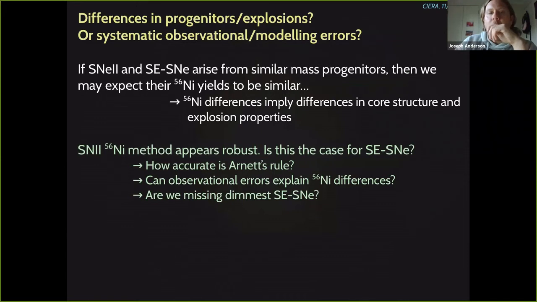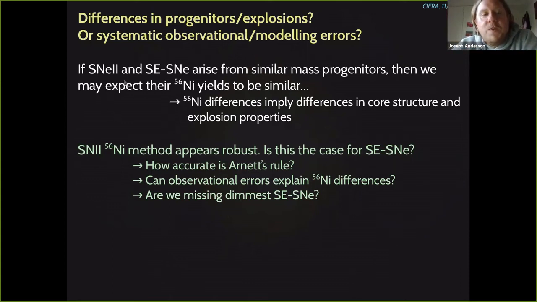So how may we try and understand this, and what's the importance of this? Can we understand this in terms of differences in the progenitors or explosions? Or is there some systematic in observations or in our modeling, some errors, that produce this effect, and really there's no difference here? Answering either of these questions is important for moving forward in studying supernovae in general.